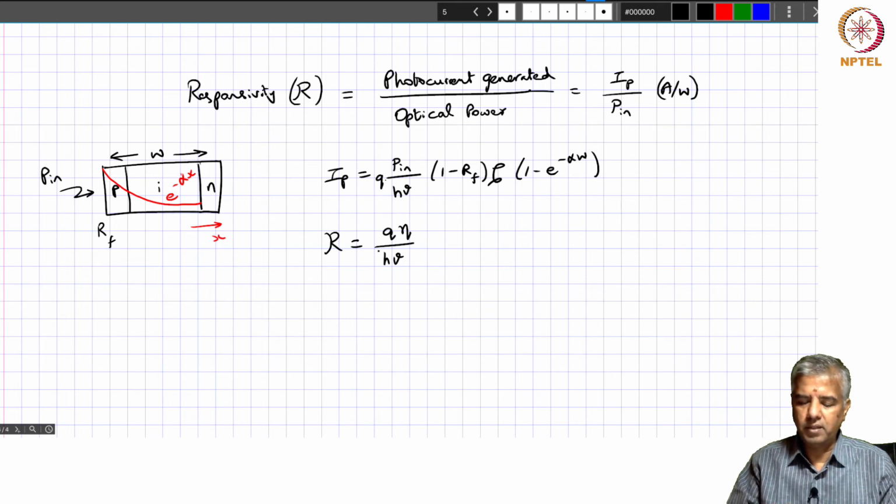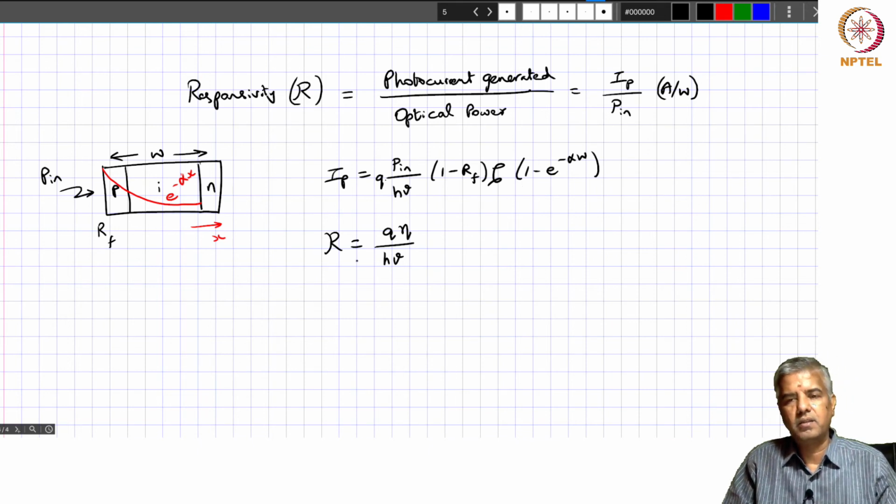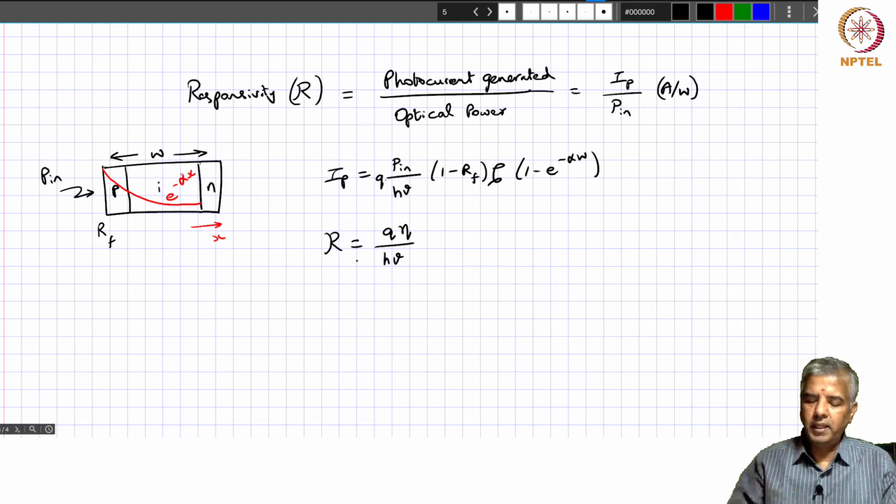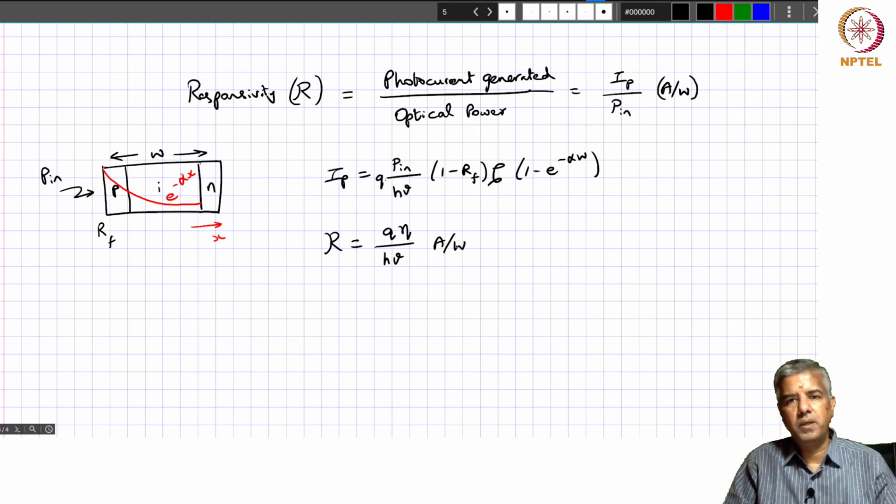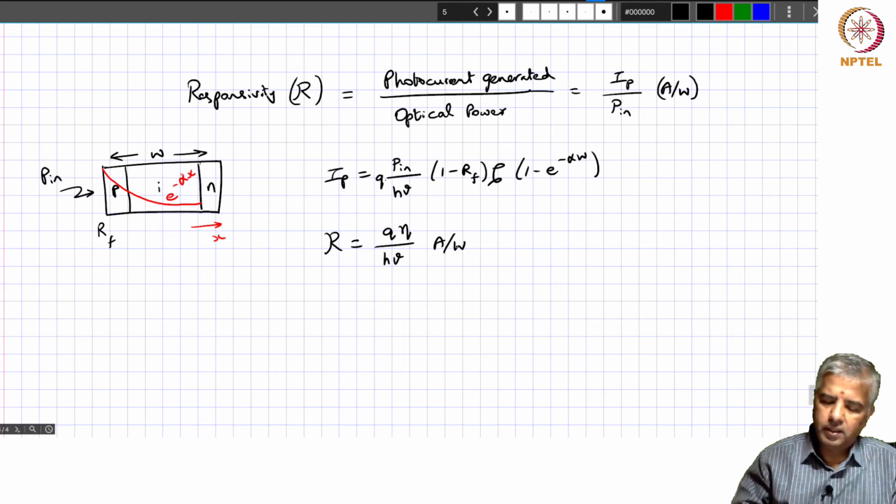Those three factors, I just combine them into one factor that I call eta. Then eta is going to be low because of W being low, and your overall responsivity, which is expressed in amps per watt, is going to be relatively lower.